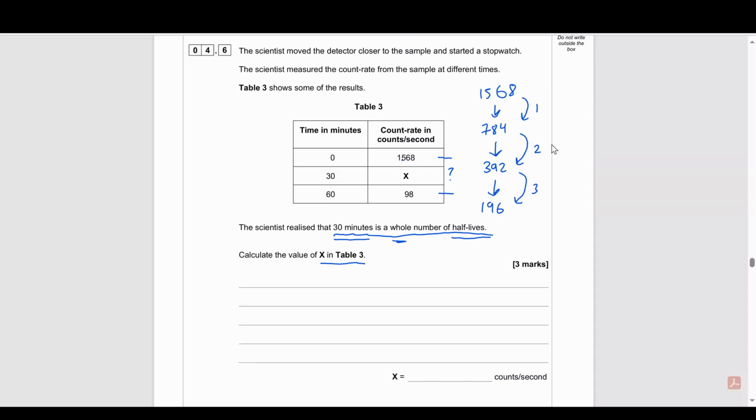And then 196 divided by 2 gives us 98. So we now know that to get from 1568 to 98, that is 4 half-lives.